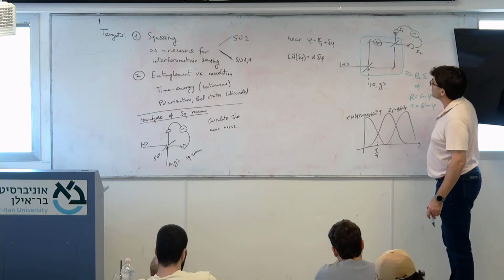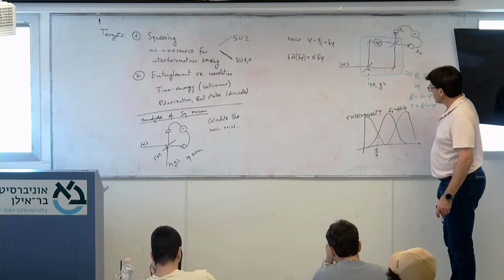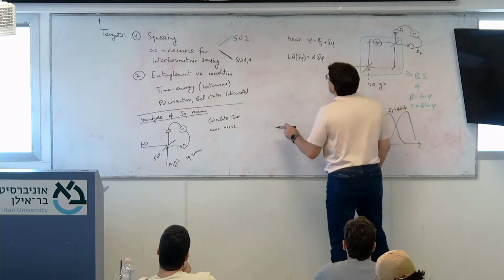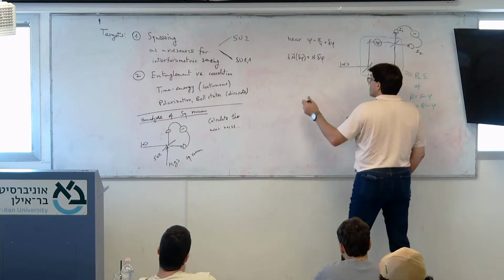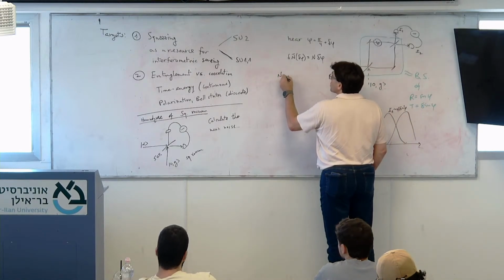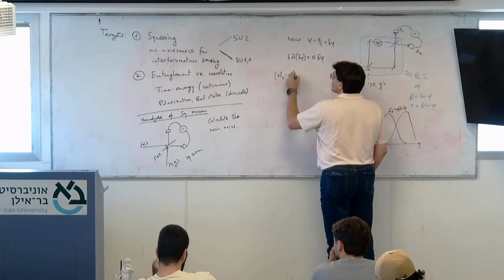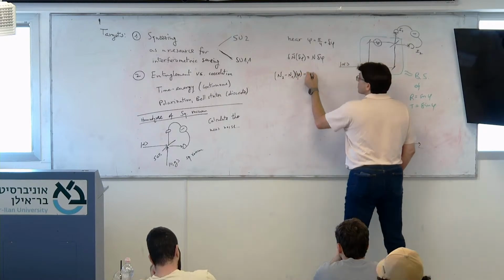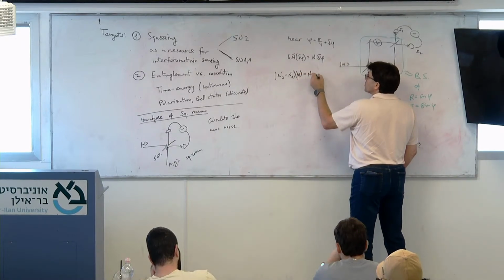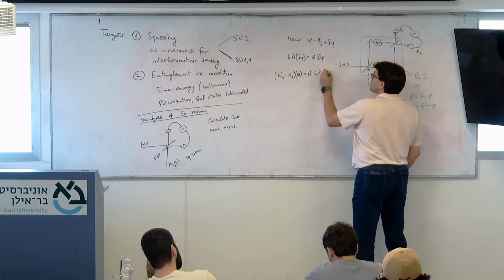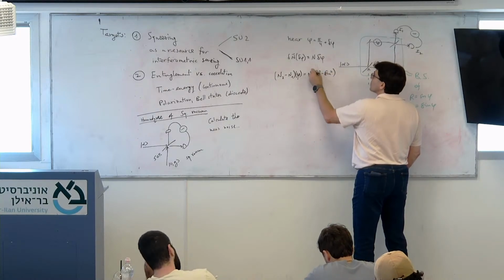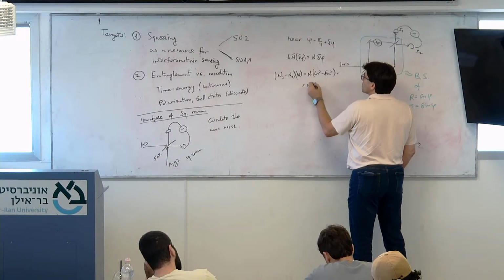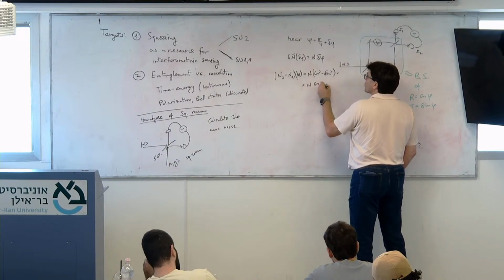Because in a way, n2 minus n1 of phi equals n overall times cosine squared minus sine squared, and this is n times cosine of 2 phi.